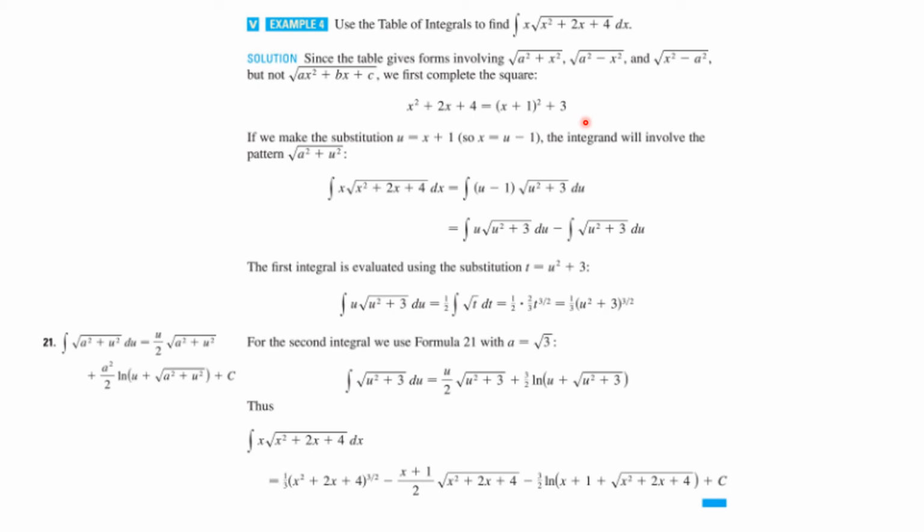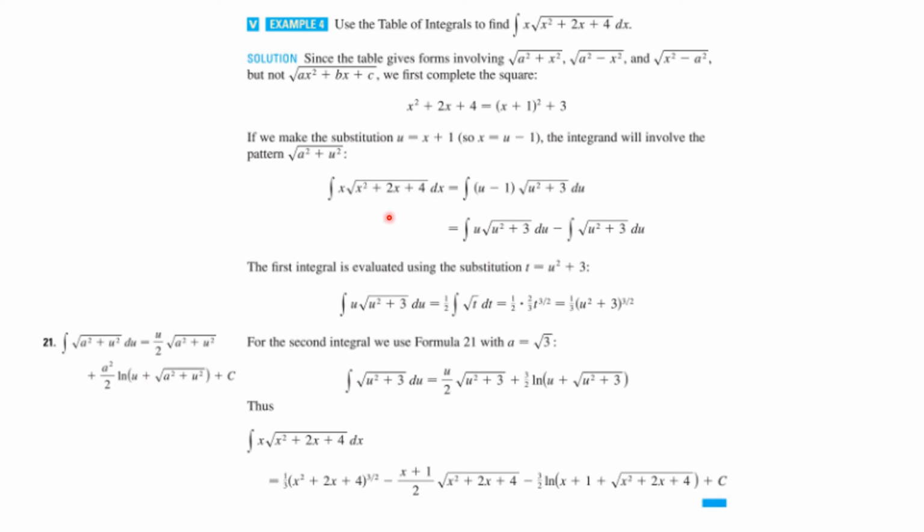So then we have to make a substitution again here, and that is going to be u equals x plus 1, so x is equal to u minus 1. We're substituting there, and we've completed the square there. So now we've changed this into something that's matching up better with the formula in 21, which was the pattern that we were matching.